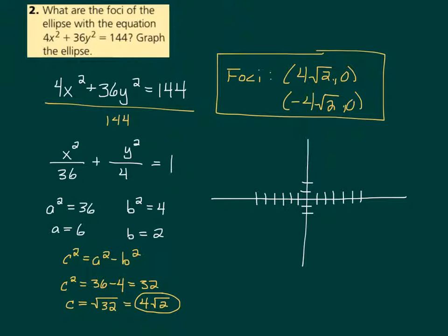So we have points like this. Where the foci, 4 root 2, I believe that's in between 5 and 6. So those 2 points will be the foci. There is the graph of our ellipse.